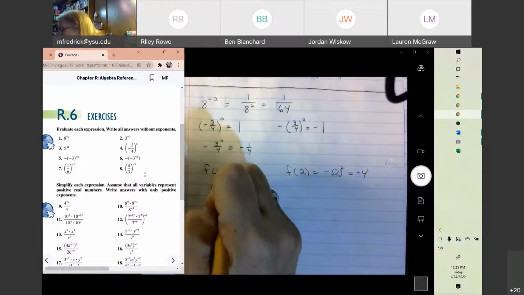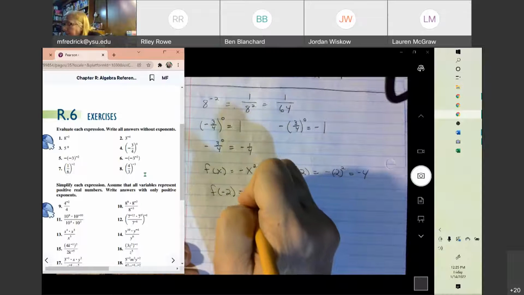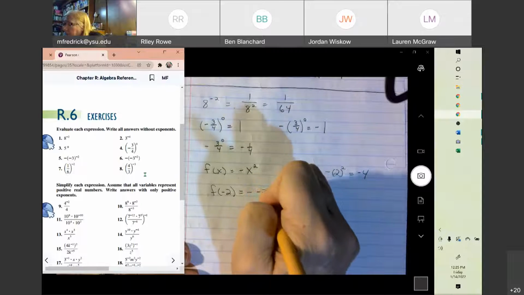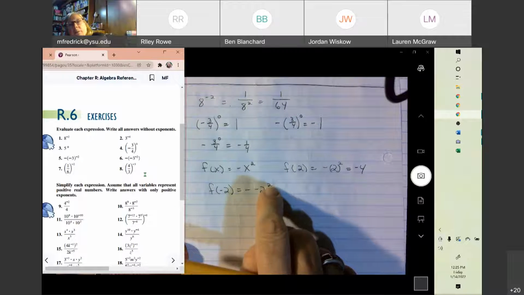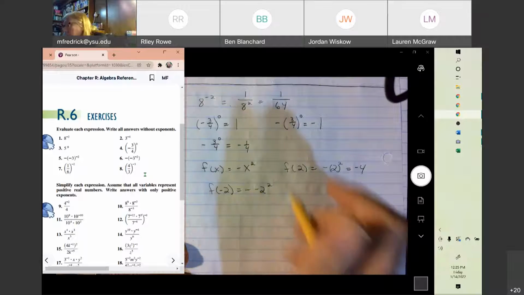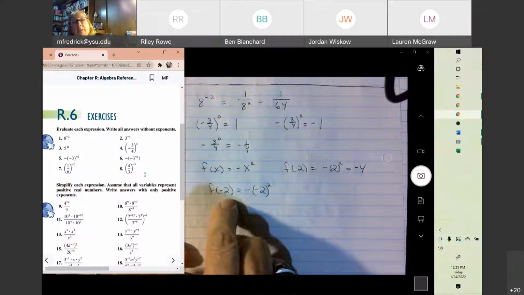The same thing if we had f of negative 2. When we plug that in, if you don't put that parenthesis, this is saying to only square the 2, but you want to square the negative 2 because that's the x value.